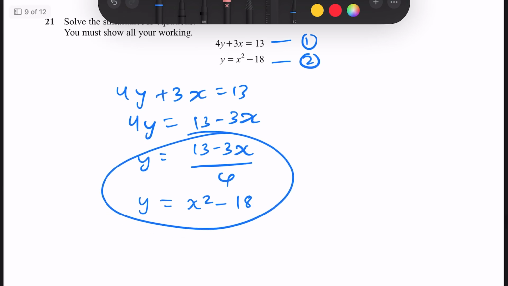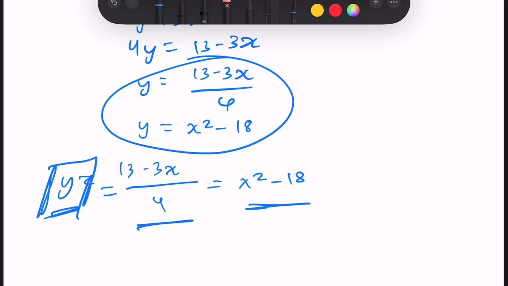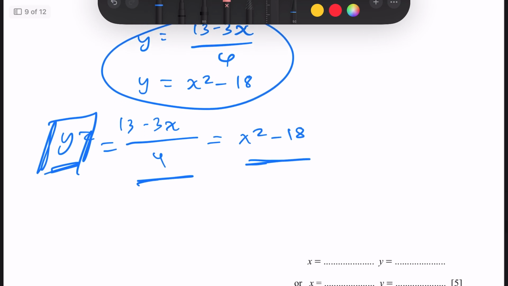Which means that y is equal to (13 minus 3x) divided by 4, which is equal to x squared minus 18. Since the y value will be the same for both of these two terms, we are finding the x values that would produce the same y value.